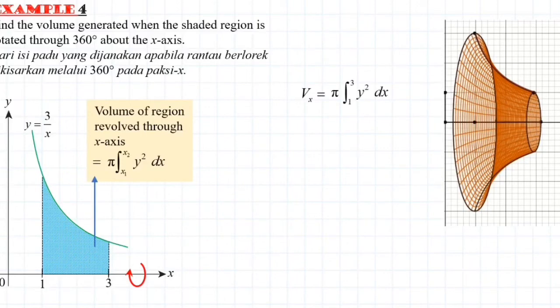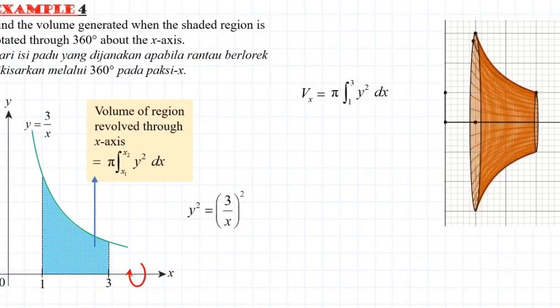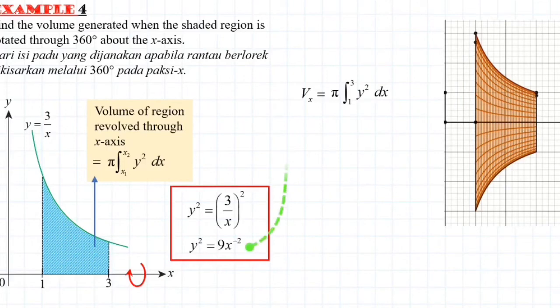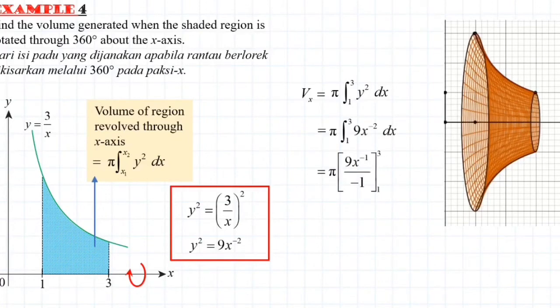So pi integrate from x1 to x2 y squared dx. Then we will make sure we square our y, it becomes 9 over x squared. The x squared in the denominator, the power you have to raise up so that we can add 1 to the power later on. So pi integrate from 1 to 3, 9x to the power of negative 2 dx.